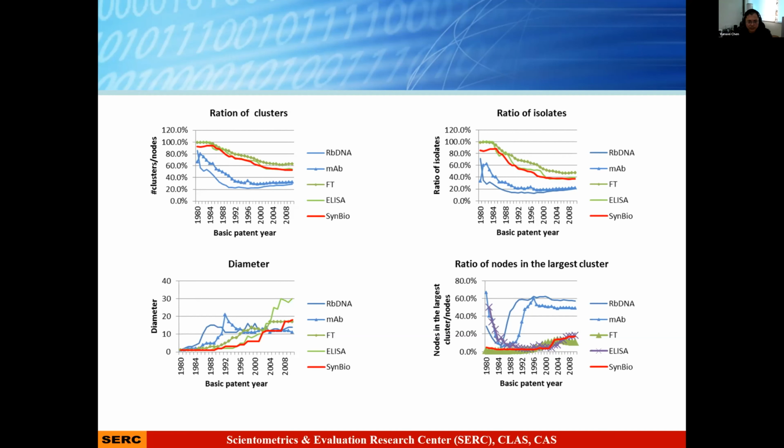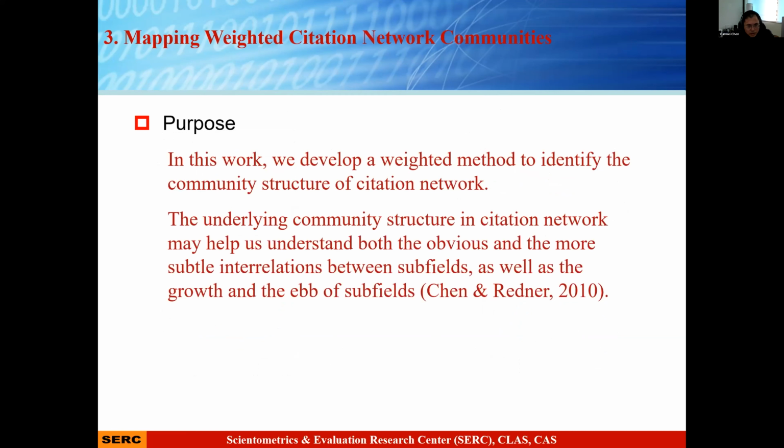Okay, this is the third work I want to show: mapping weighted citation networks.